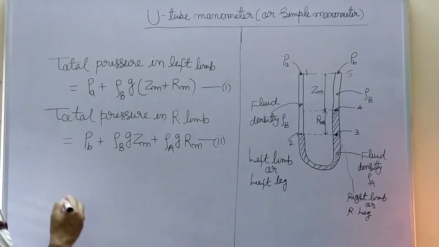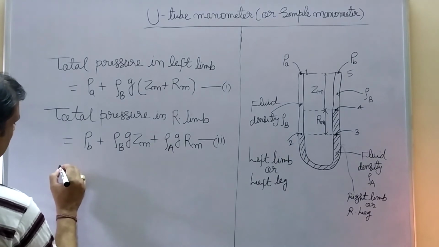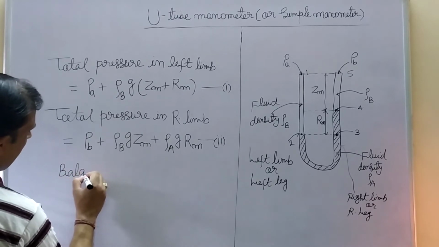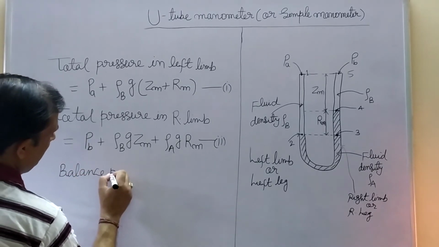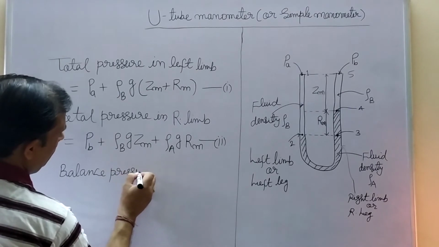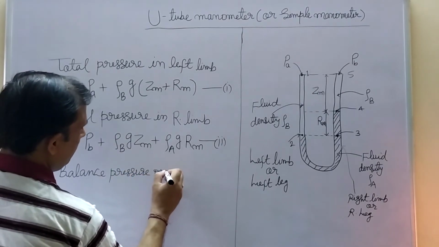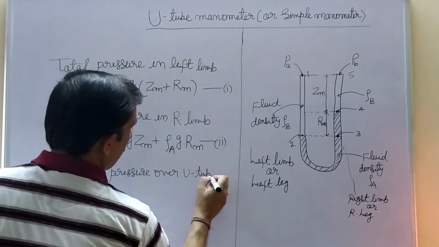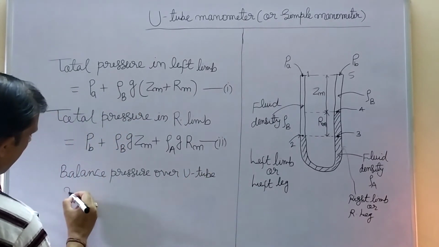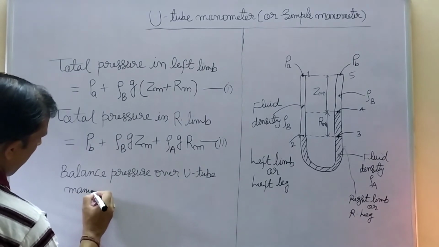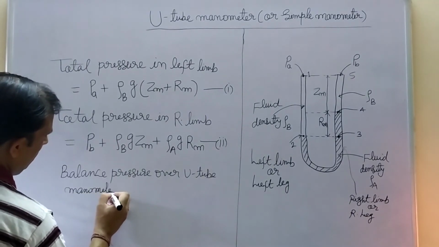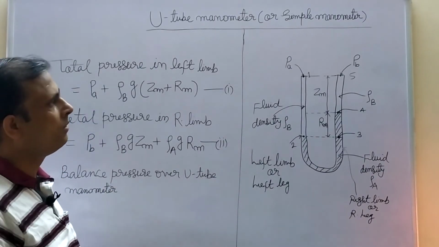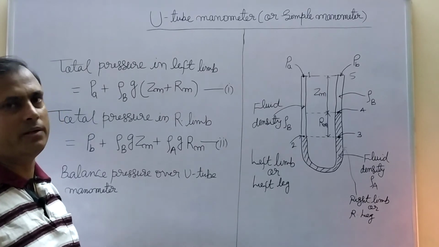Now the pressure balance over a U-tube manometer, or any type of manometer, maybe differential, maybe inclined.